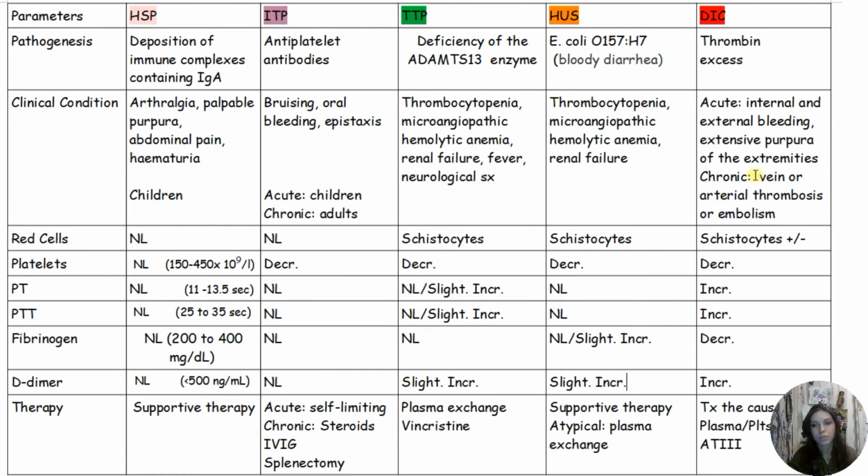For chronic, it's usually tumor or a large aortic aneurysm. How can I diagnose it? There will be increased D-dimer and fibrin degradation products, and very low platelets and fibrinogen. Treatment will be plasma exchange and also treatment of the cause of this condition.